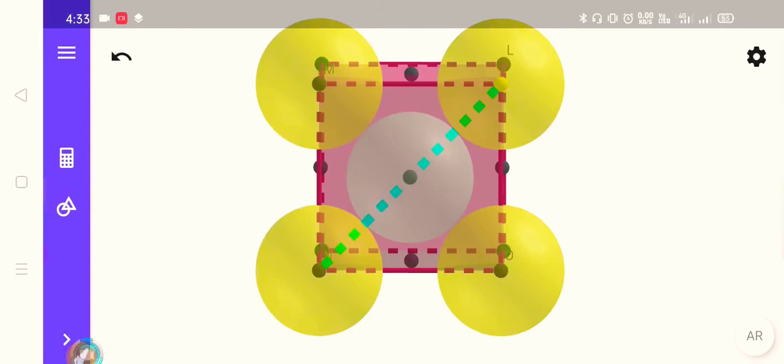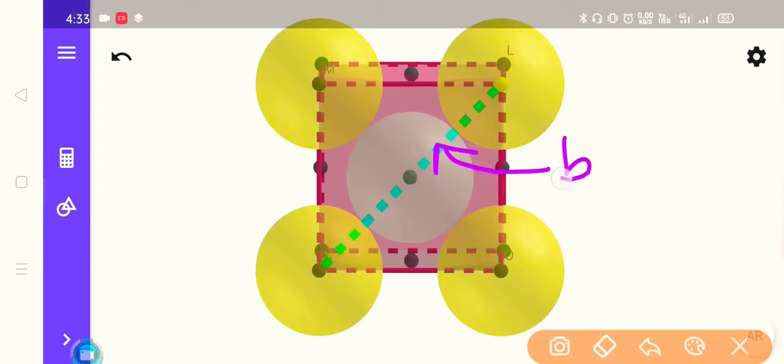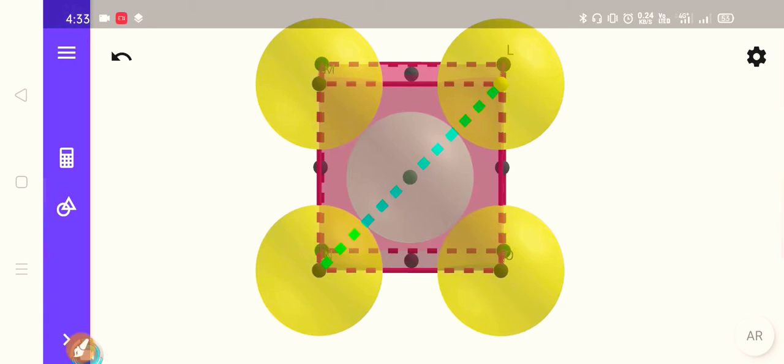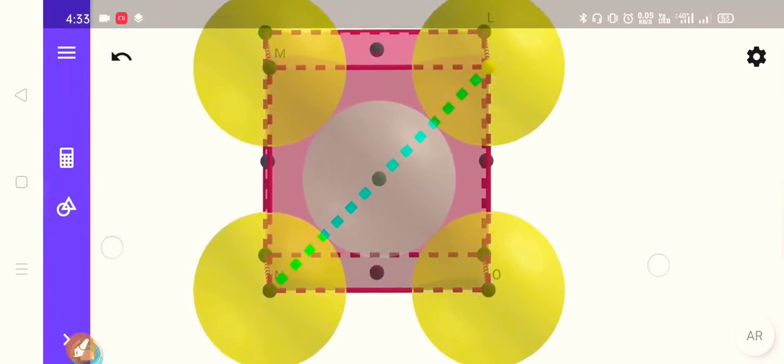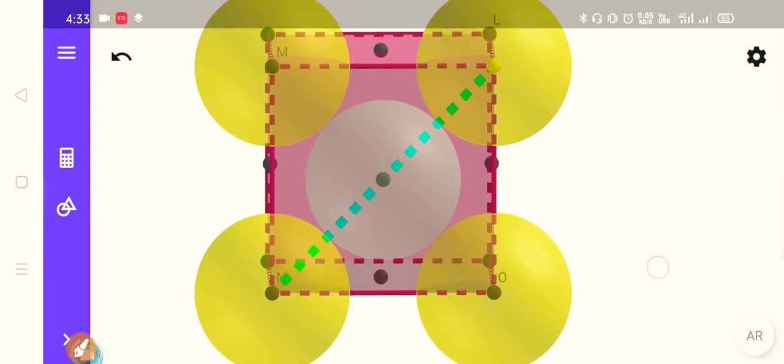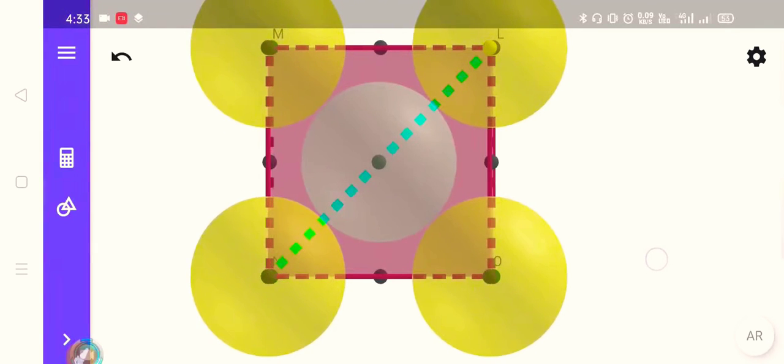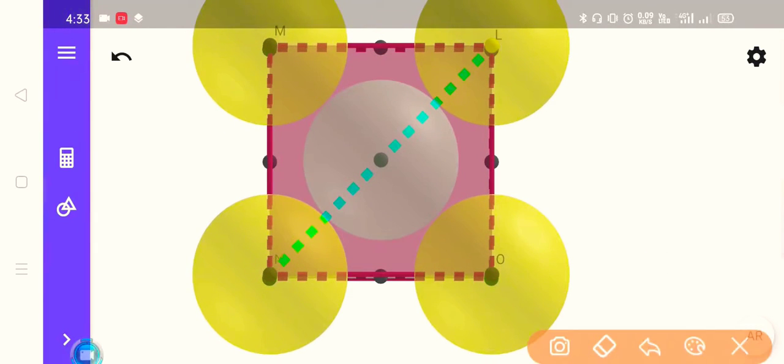Now here we have our face diagonal line. Okay, so this one is our face diagonal line which is passing through the face. So as we can see, what is the relationship between this face diagonal line and the radius of the given spheres? Let us find it.